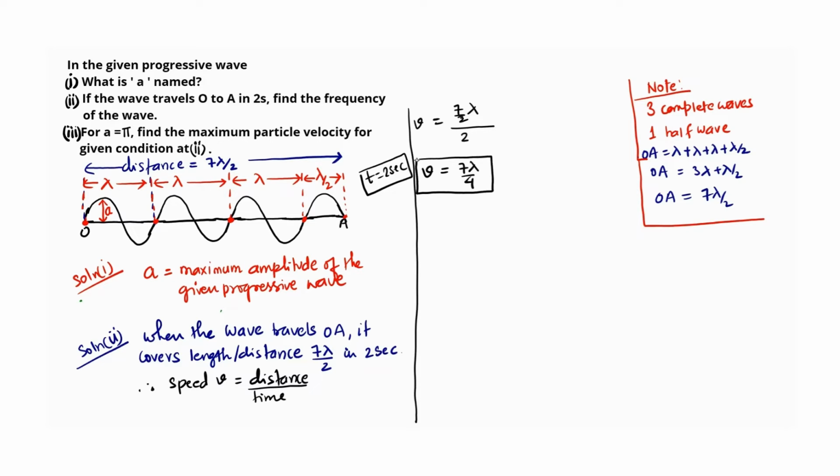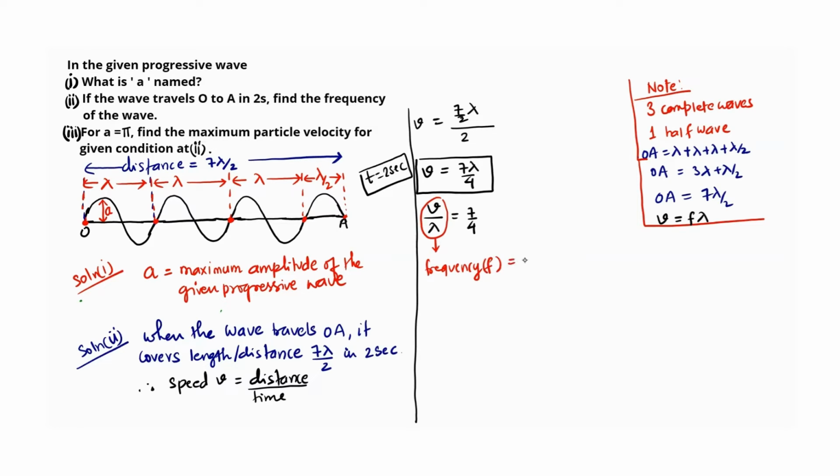Now, let us do simplification. So we have V by lambda equals 7 by 4. And we know in general, speed V equals f times lambda. So V, that is speed by lambda, is frequency. This ratio is frequency, so we denote it by symbol f.